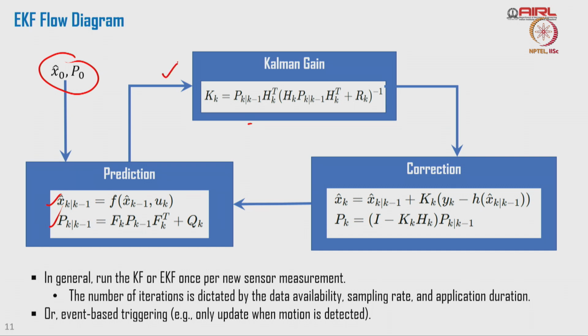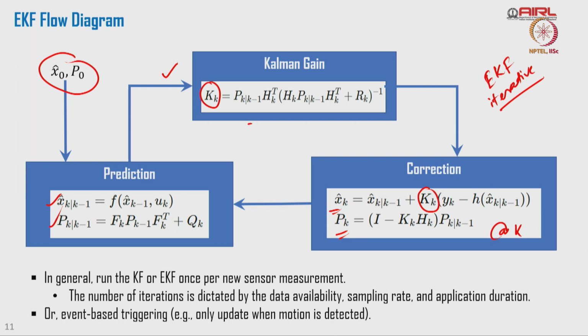Once that step is also done, we use the gain to estimate finally the state, and this is the state and the covariance at time step k, fine. So, in this way the extended Kalman filter algorithm works iteratively and gives the estimate.